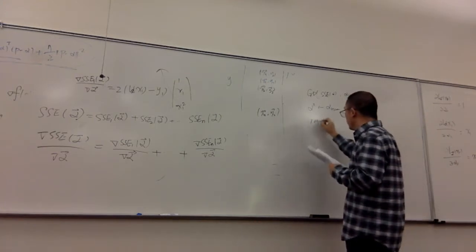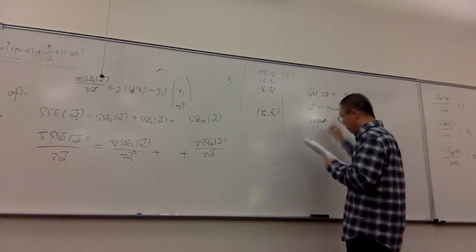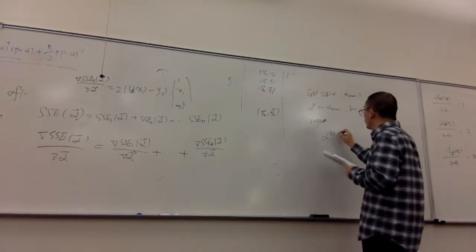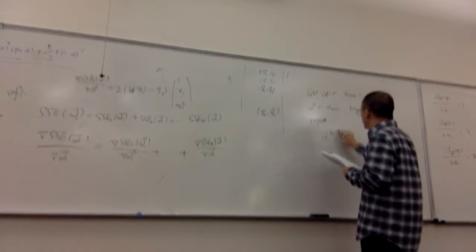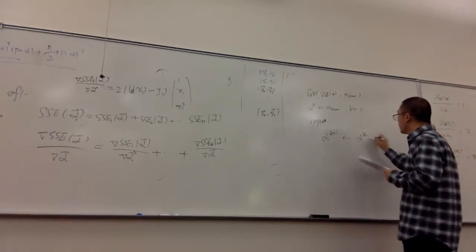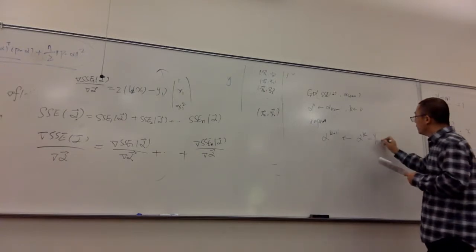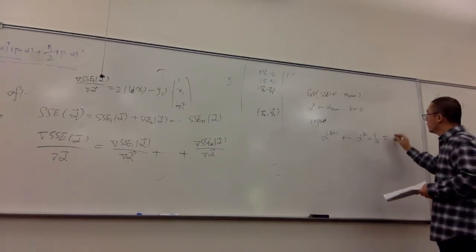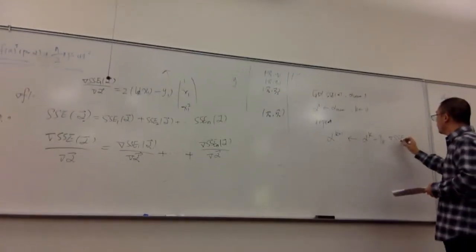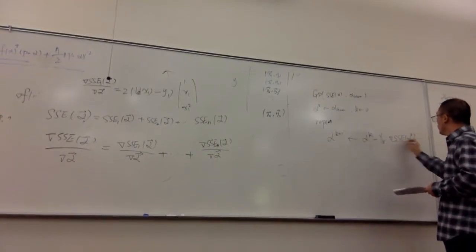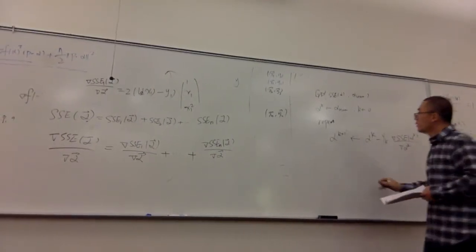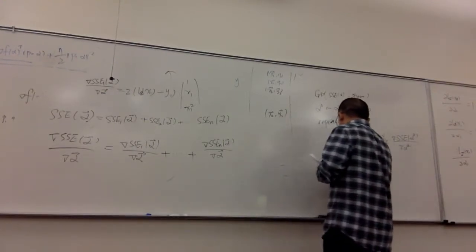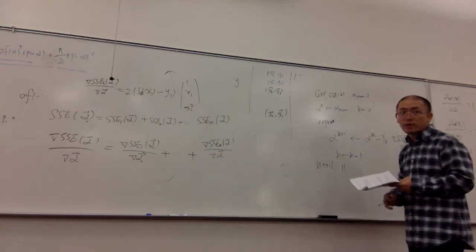Then we continuously perform the gradient descent update. So alpha k plus 1 will be alpha k minus some step size multiplied with the gradient direction, right? And we'll continue to do this until some stopping condition is met.